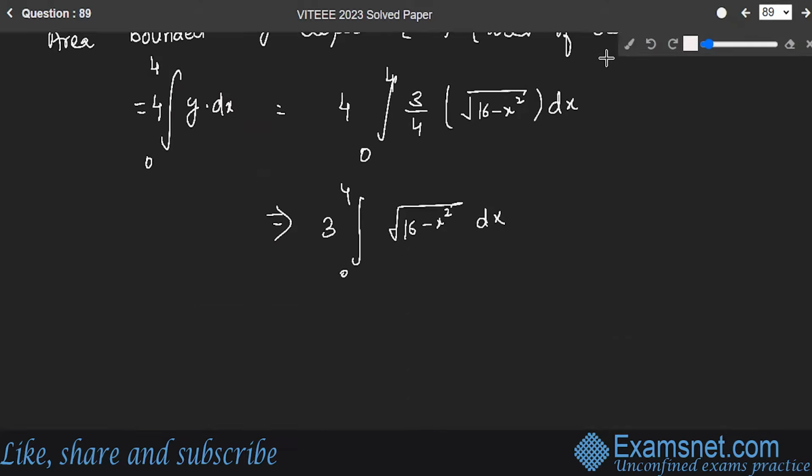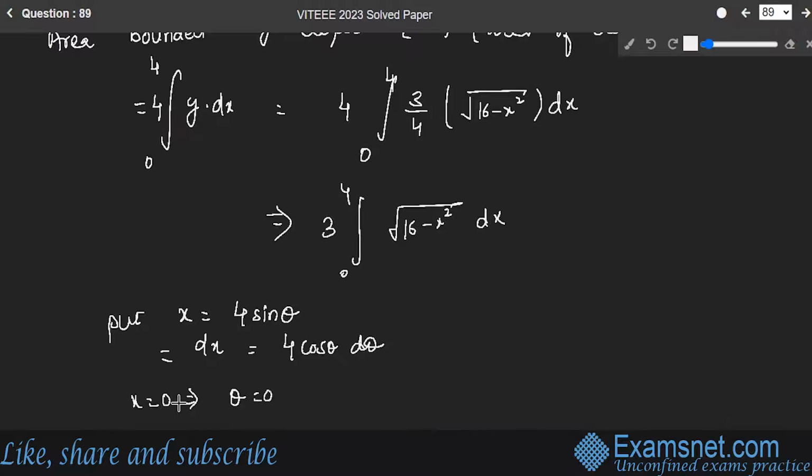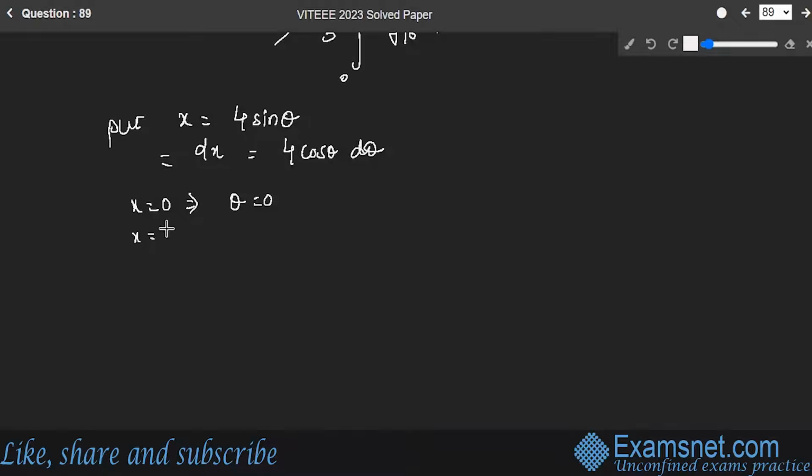Now, if I put x is equal to 4 sine theta, this gives me dx is equal to 4 cos theta d theta. And in this case, when x is equal to 0, theta will be 0. And when x is equal to 4, theta will be equal to pi by 2. Okay, so that's it. We got the limits.